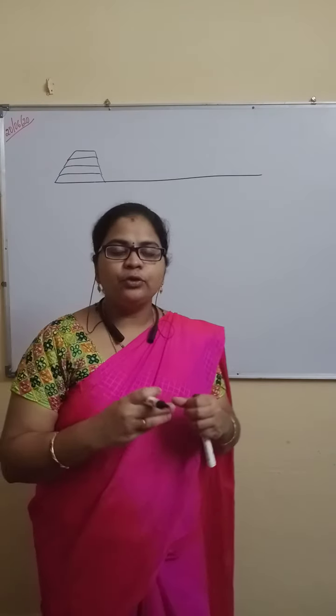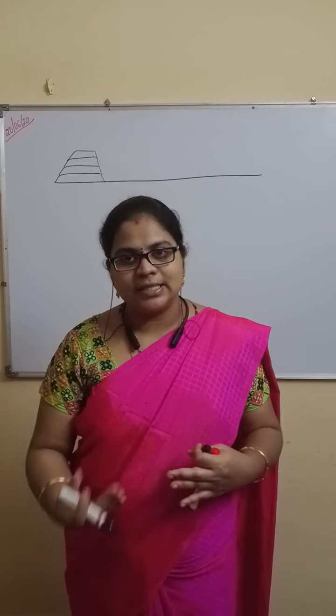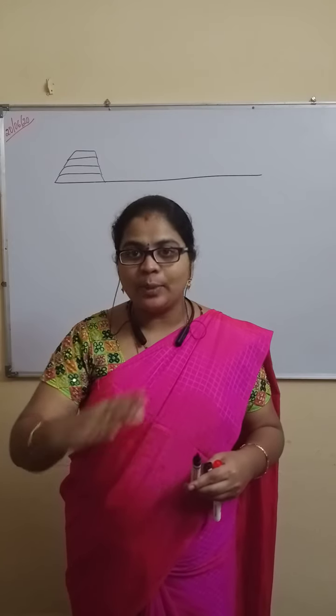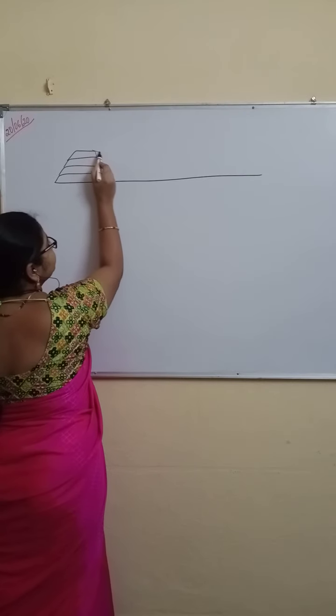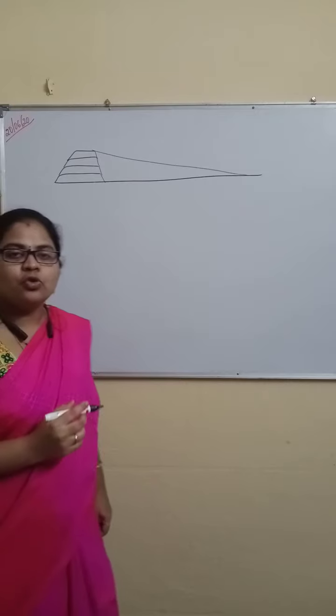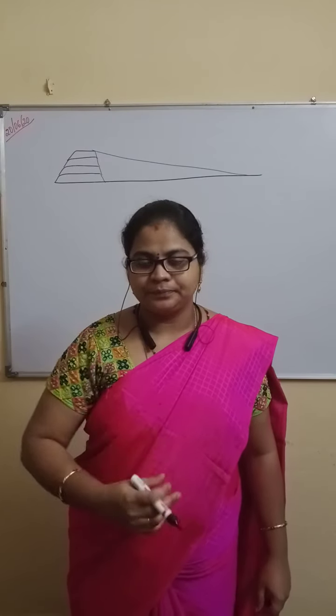Now we have to take a long plastic pipe whose length is 200 centimeters, and you have to cut it into two equal parts. Now we have to keep the plastic tubes like this, in an inclined position. So the two plastic tubes act like a track.